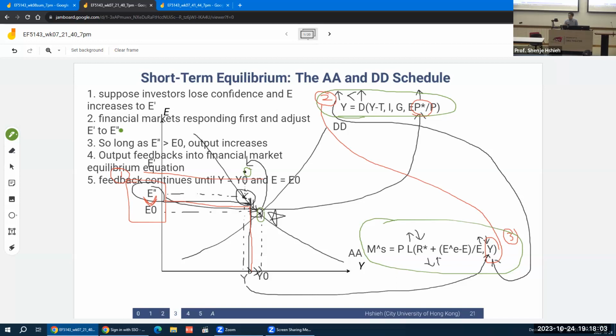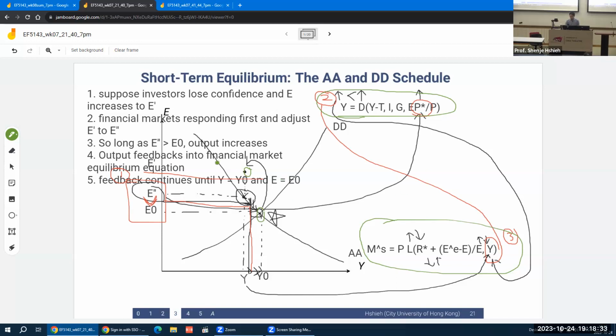Once we are at this point here, we notice that it is not on the AA schedule and is not on the DD schedule. And because, as I mentioned earlier, all the information is going to be absorbed first in the financial markets, what's going to happen first, given this E, is that the traders are going to react to that information first, right?